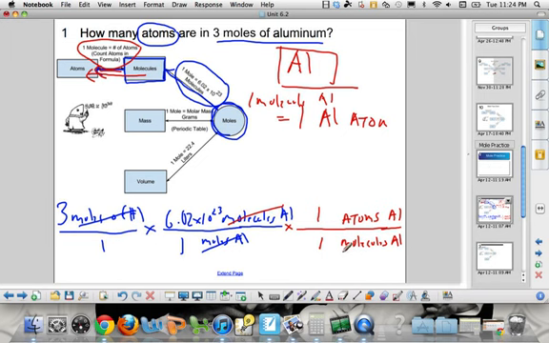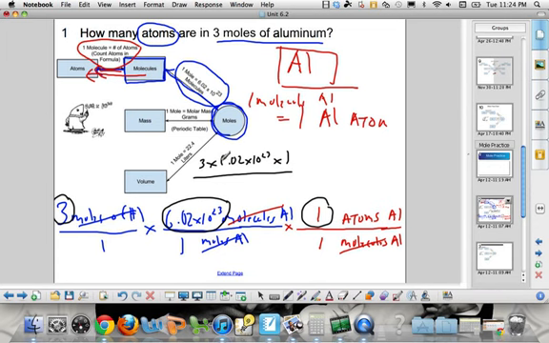Molecules are on the top, molecules are on the bottom, and now I want to do my math. So how do I set up this math problem? Do it the same way we've been doing all the other problems we've done before. Take the values you have on top, 3, 6.02 times 10 to the 23rd, and 1, and multiply those together. 3 times 6.02 times 10 to the 23rd times 1, put that on the top.